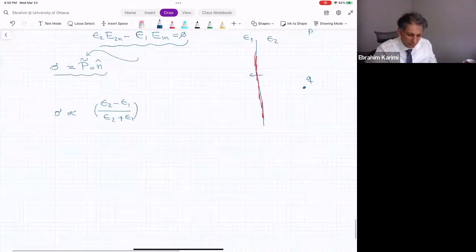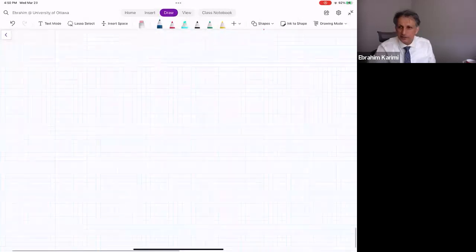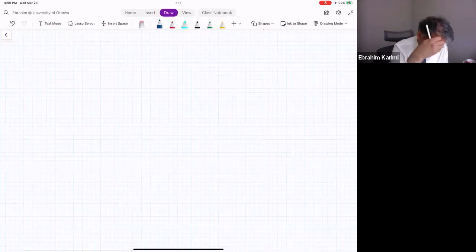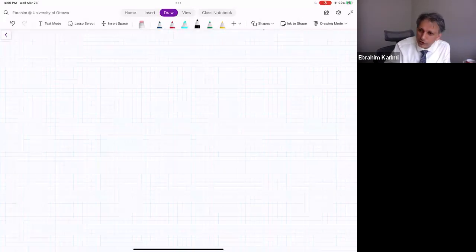Shall we go with the last problem, which is a little bit difficult? Good. Now we change the geometry.